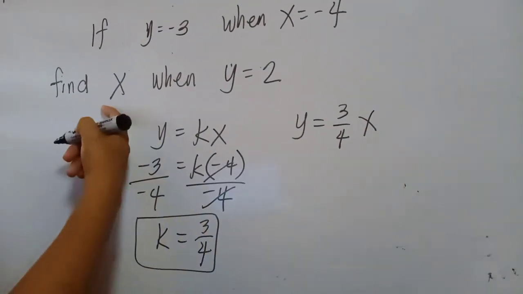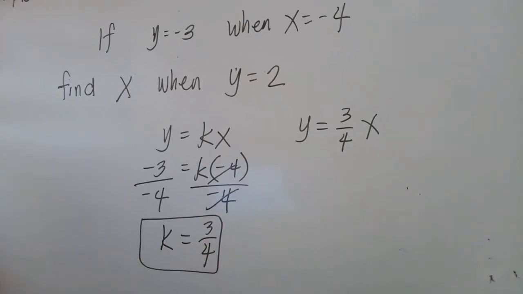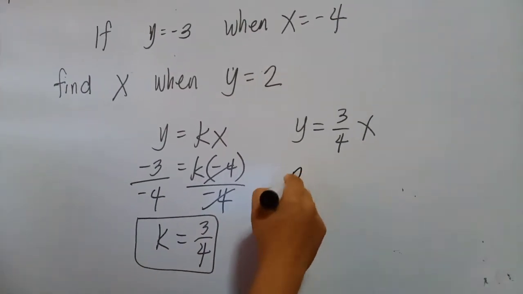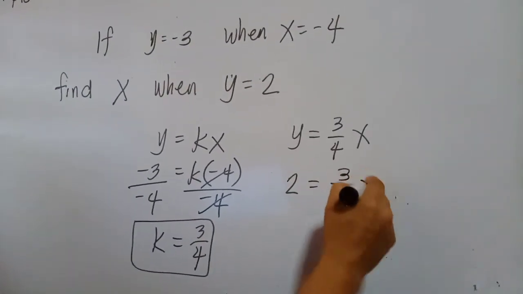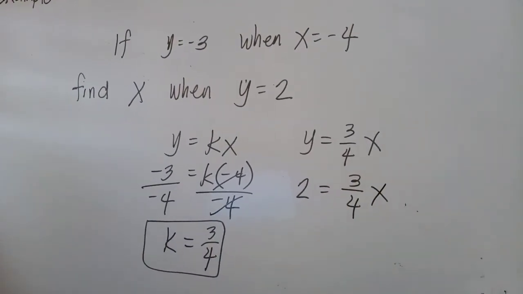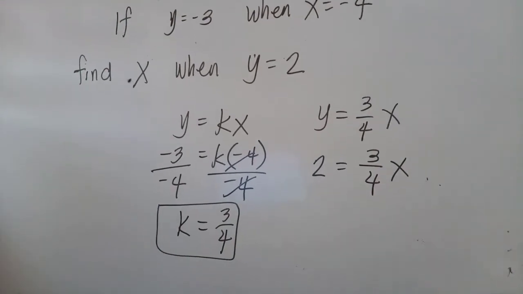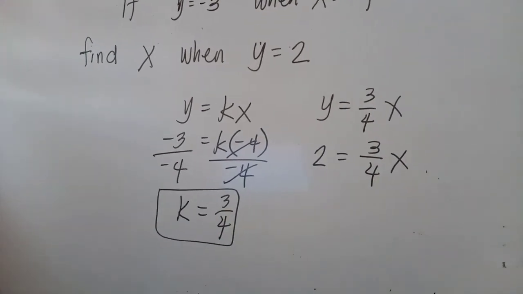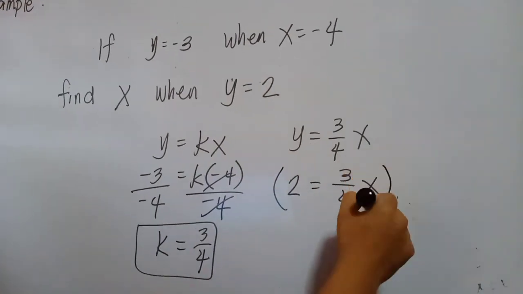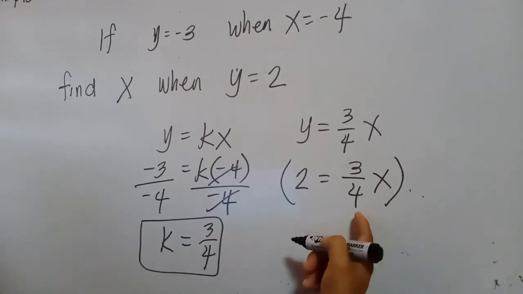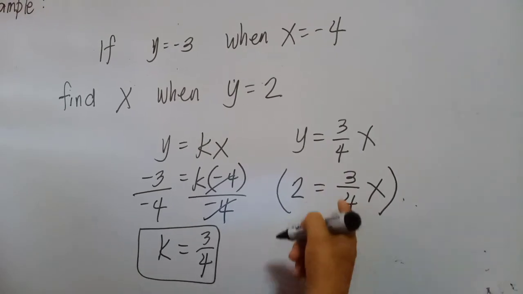Now find x when y equals 2. So substitute y with 2, and then we have 3/4 x. Now, how do we get the value of x? We simply multiply both sides by the reciprocal of 3/4 because this is a fraction.